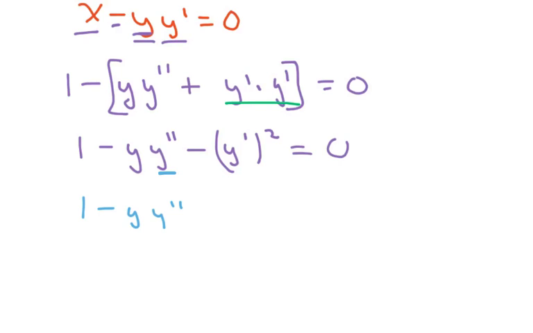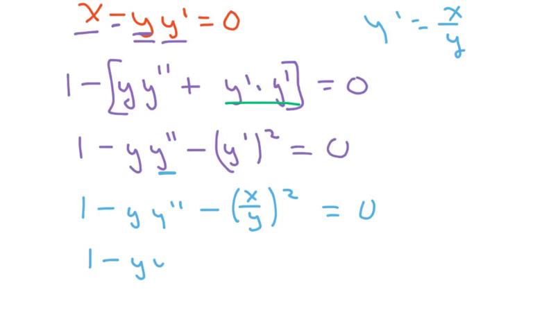So minus x squared over y squared, because remember we already solved for our first derivative. So we get 1 minus y times the second derivative of y minus x squared over y squared equals 0.